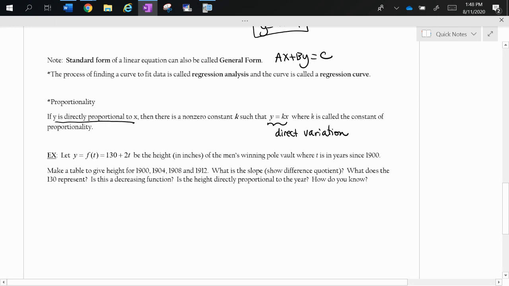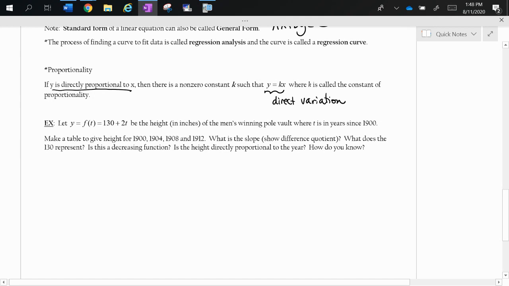We also know it as y is directly proportional to x. So we're going to see problems in calculus this year where it says one thing is directly proportional to the other. And we're going to be required to know that if one thing is directly proportional to another, then y is equal to k times x. It's talking about direct variation. So that's just something that we need to remember.